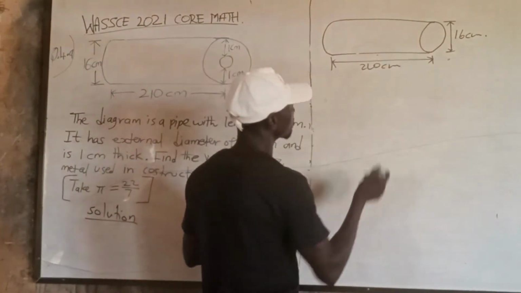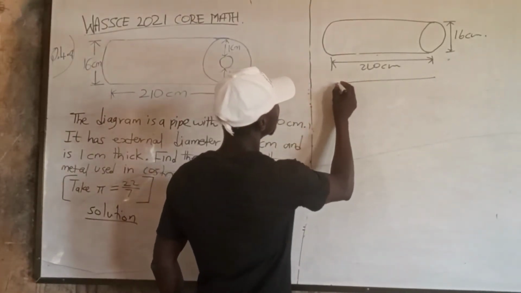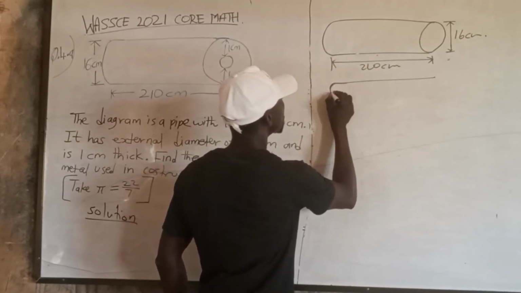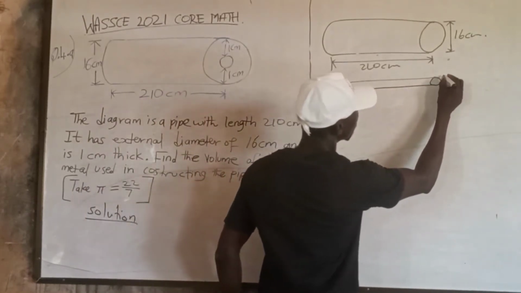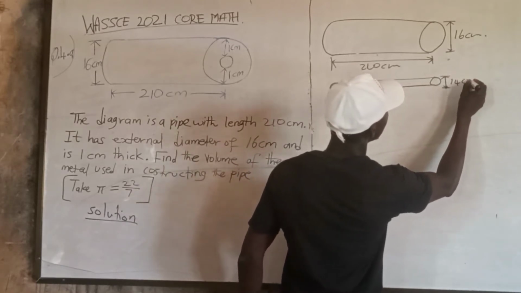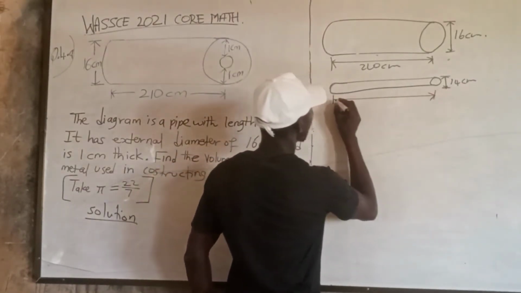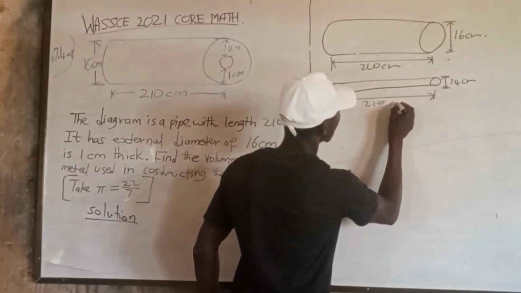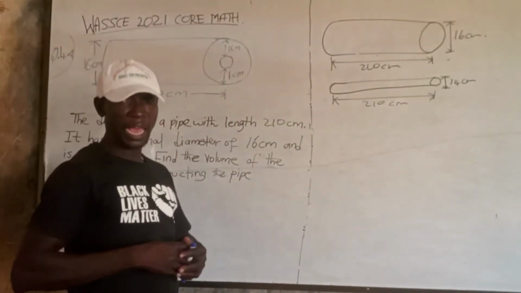So the bigger portion is 16, and the smaller portion is going to be 14. The height is the same but the diameters are different.